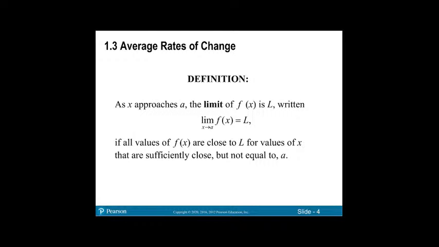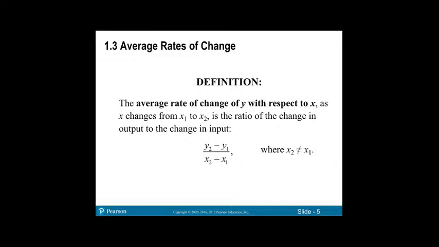Remember, last time we said the limit is concerned with being close to a point: as we get closer and closer to a point, are the values approaching the same number, or different numbers, or any number in particular?